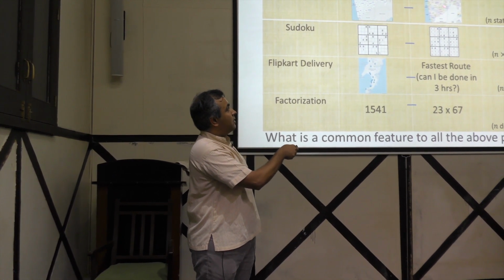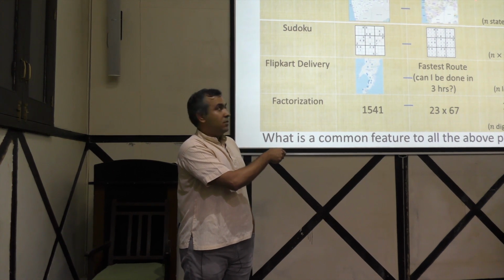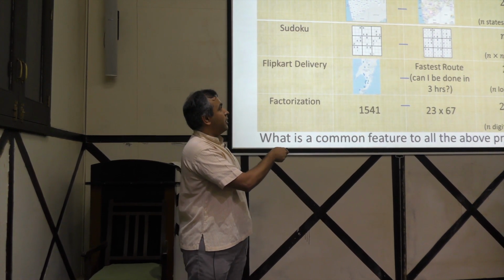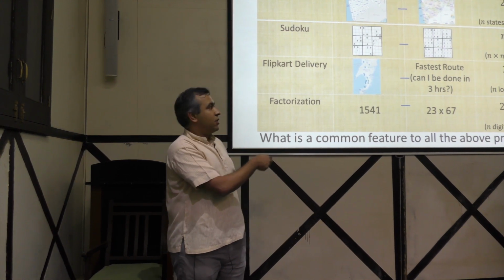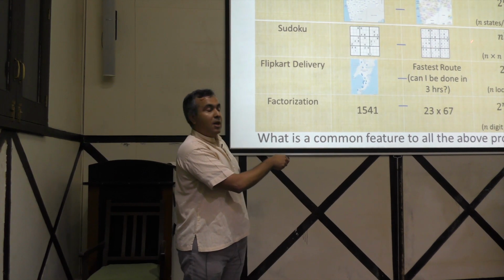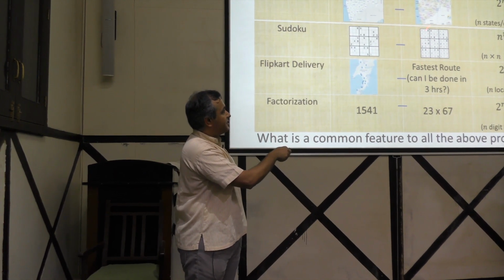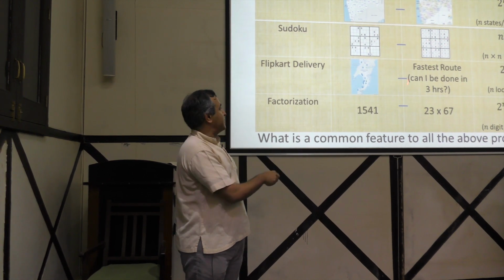Once they color it, I can check whether this is a correct coloring or not. I don't know how to color it, but if somebody colors it, I can check if it is a valid coloring. Same thing for Sudoku. I don't have an algorithm that produces the solution, but once somebody fills it in, it's very easy for me to check that this is the right answer.